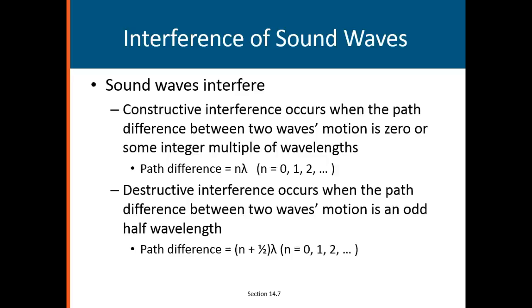If they're exactly an odd half wavelength apart, then you hardly hear anything at all. You have destructive interference. So that's what they're getting at, but without the picture, it's really hard to say. Okay?